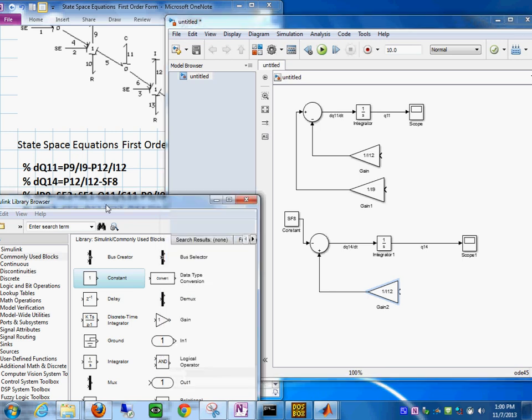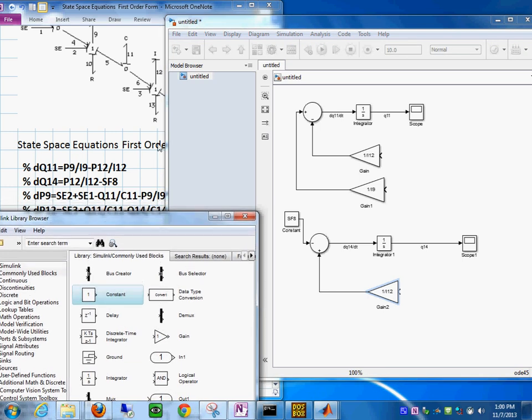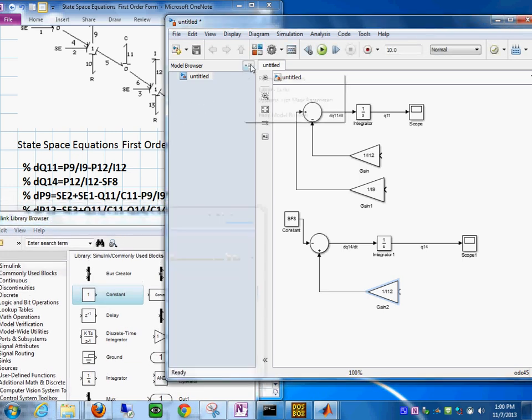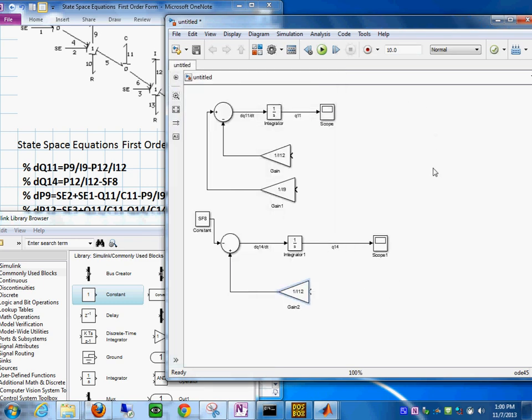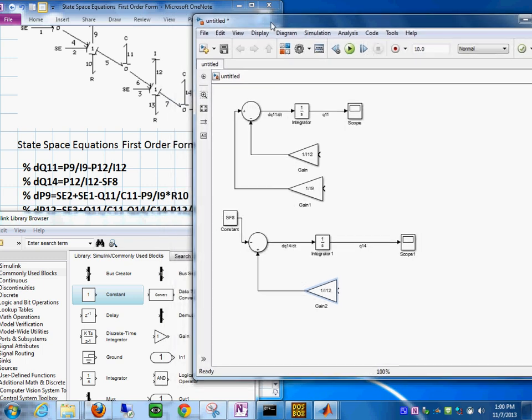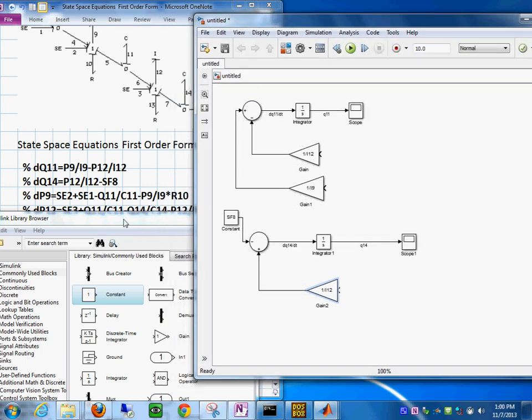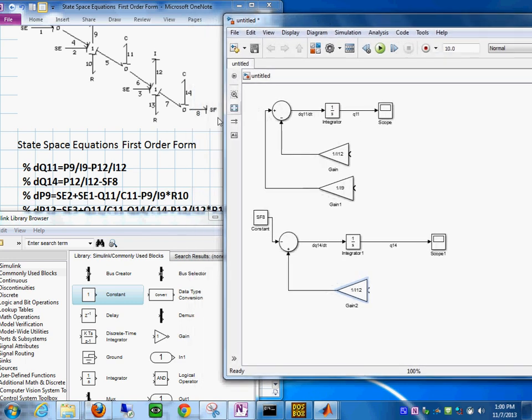Now we need to build the third equation. So we're going to hide this small browser, so it gives us some space in here to build this third equation. This dq9 dt has 1, 2, 3, 4 terms.